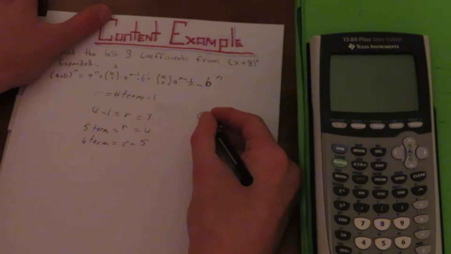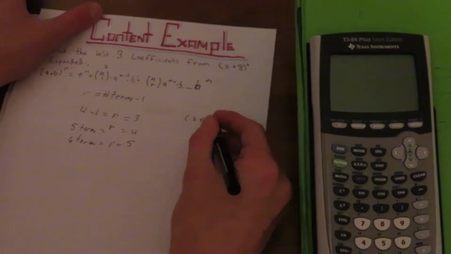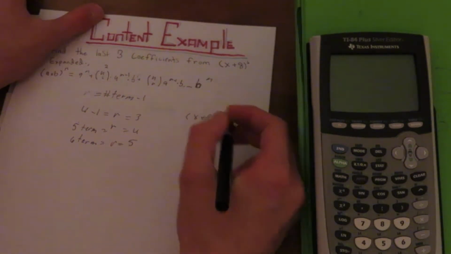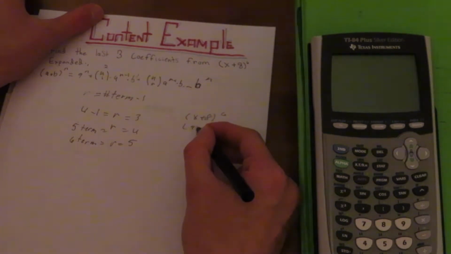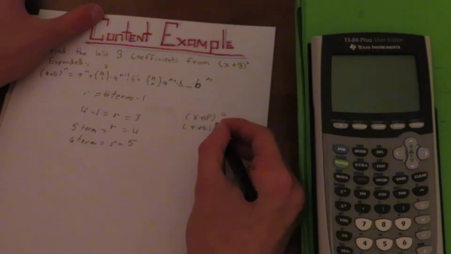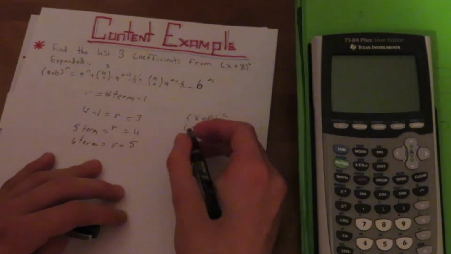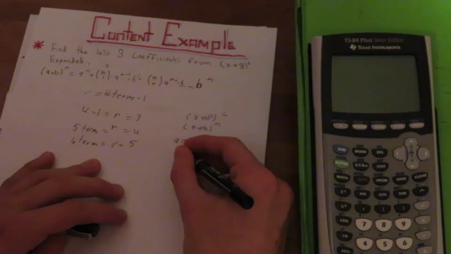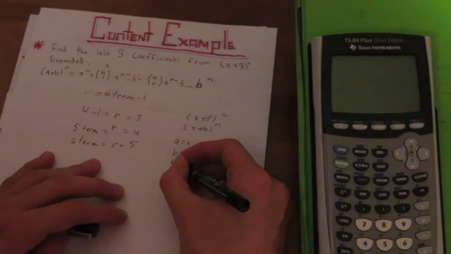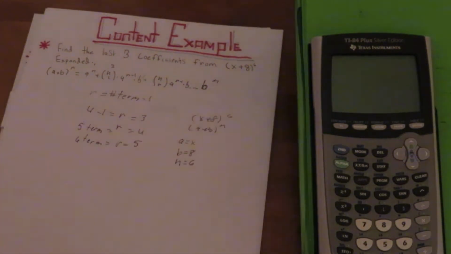So we can just put them above each other, x plus 8 to the power of 6, and then a plus b to the power of n. And so by that we can see that a is equal to x, b is equal to 8, and n is equal to 6.